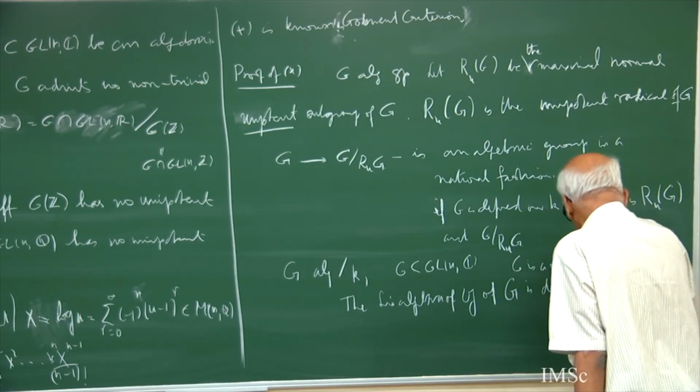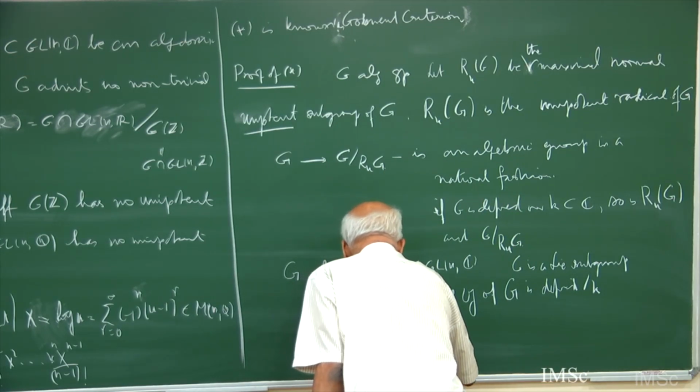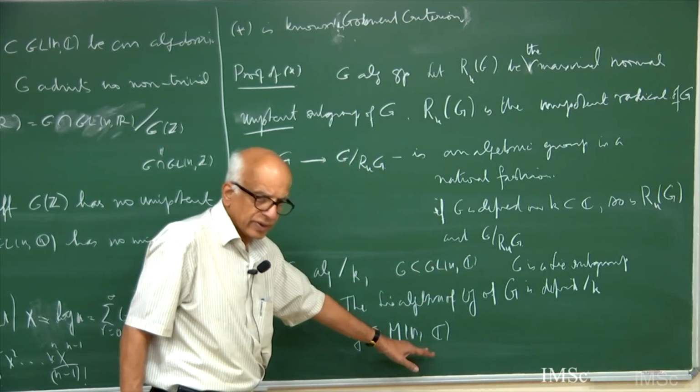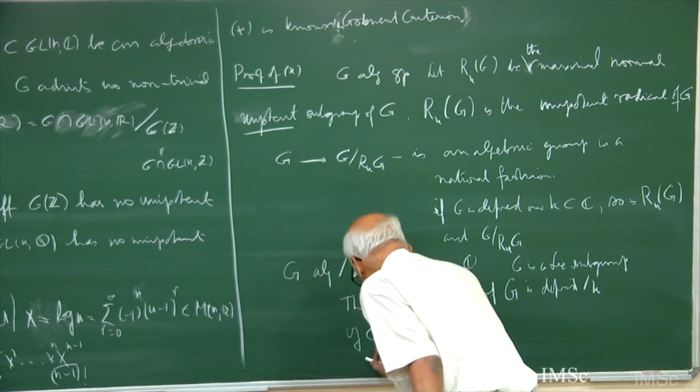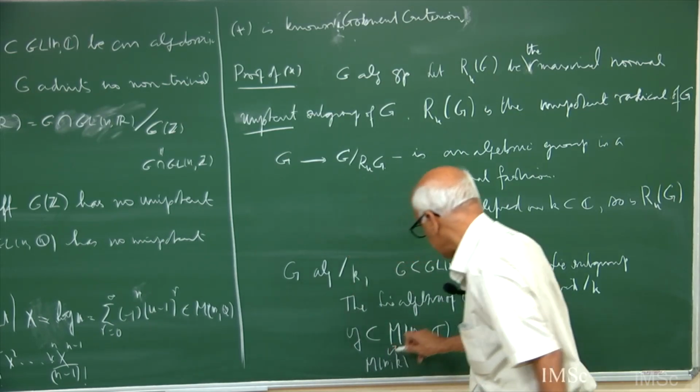What do I mean by this? The Lie algebra of G is going to sit as a subalgebra in M_N C, which is the Lie algebra of GLN C, sitting inside here. And in here you have M_N K. K is a subfield of C, so you have an inclusion here.